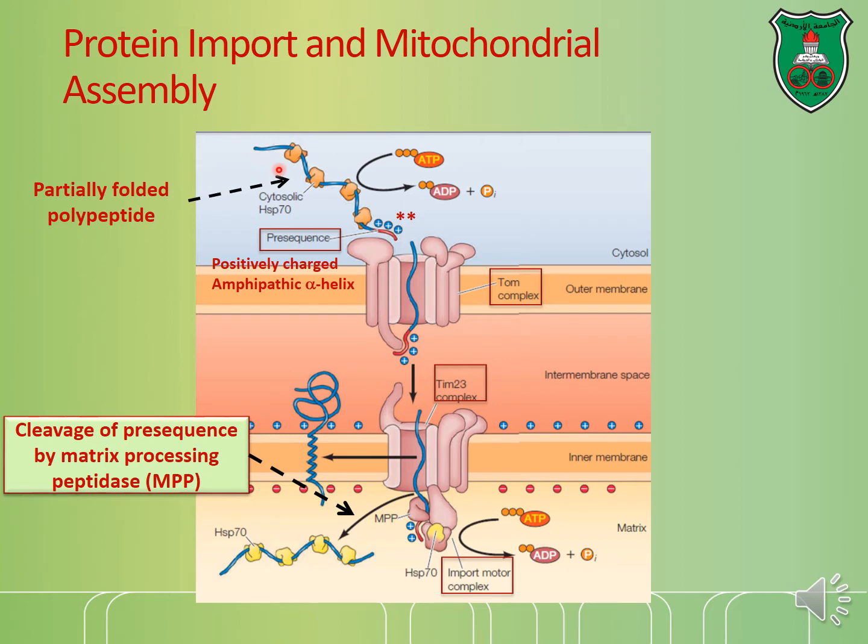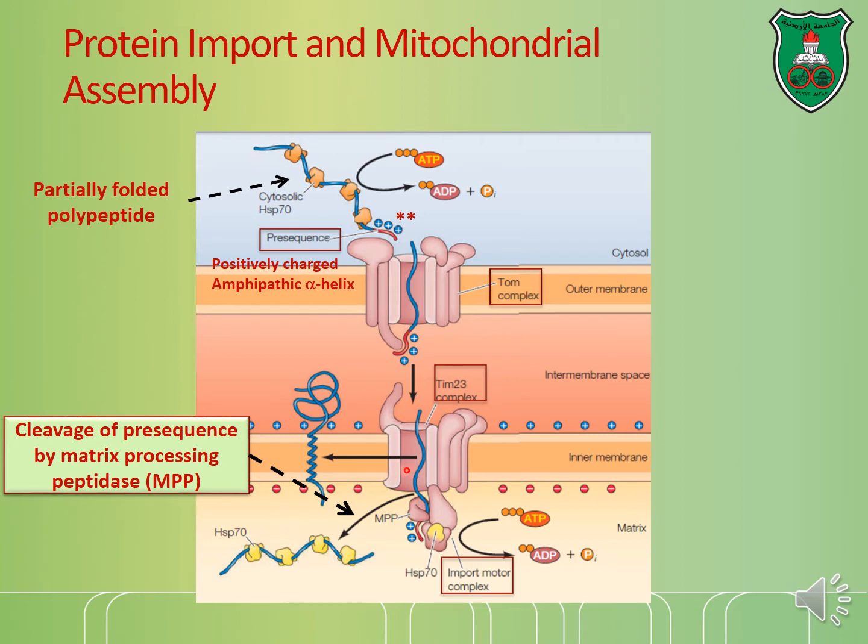This protein is taken into the mitochondria through the intermembrane space, and then there is a complex known as the TIM complex that takes these proteins inside the matrix of mitochondria.